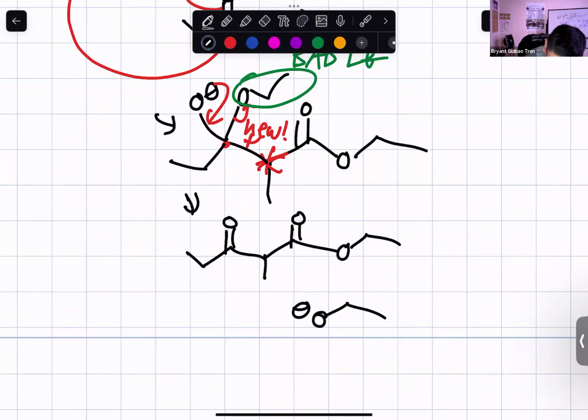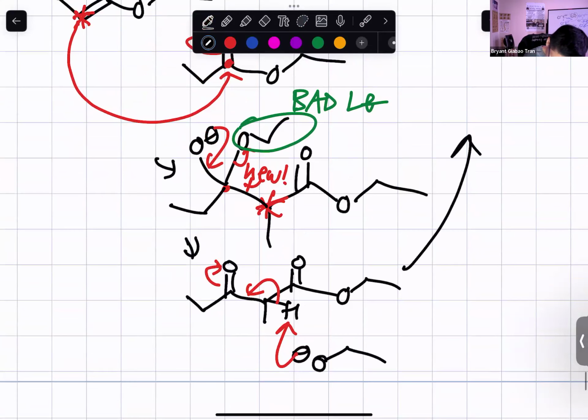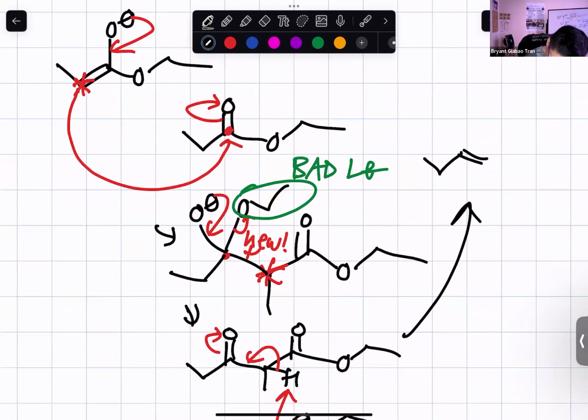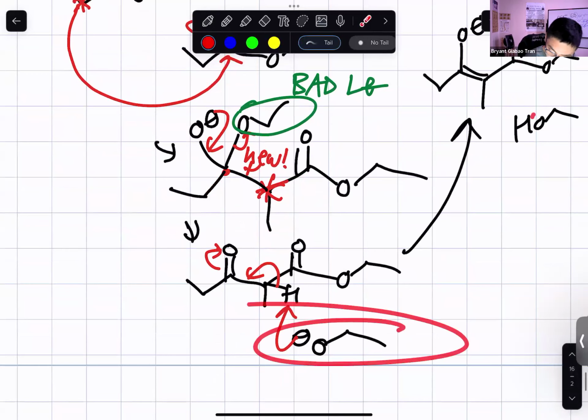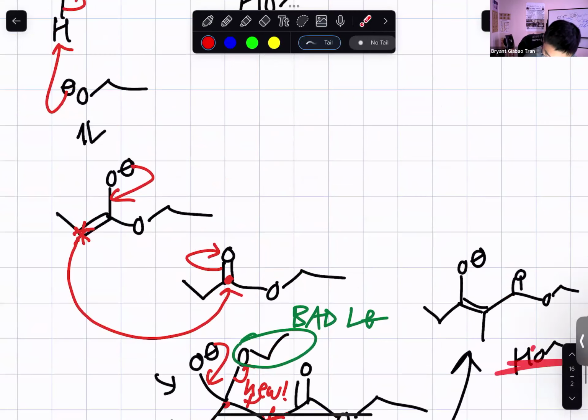It's going to go back for its vengeance and deprotonate a second alpha hydrogen, create the enolate ion here, and that becomes this enolate ion. And we have our happy conjugate acid right there, right?